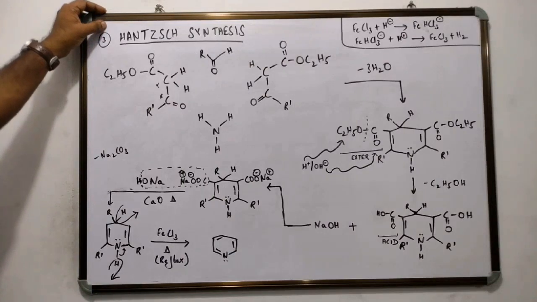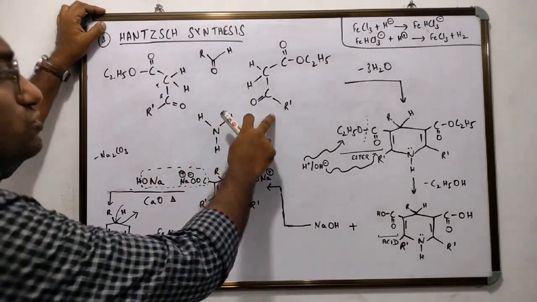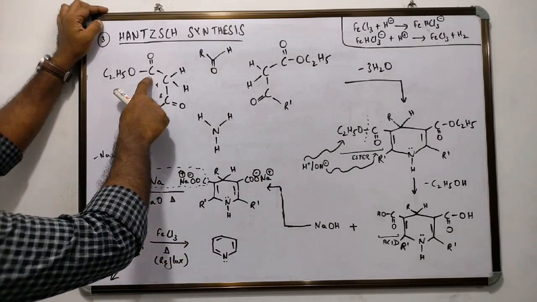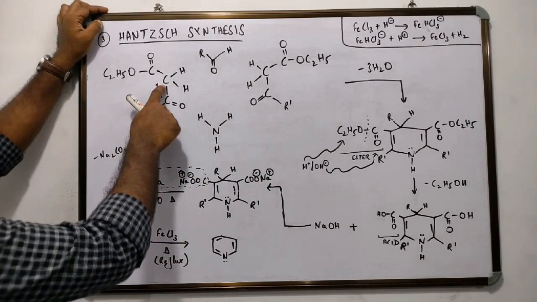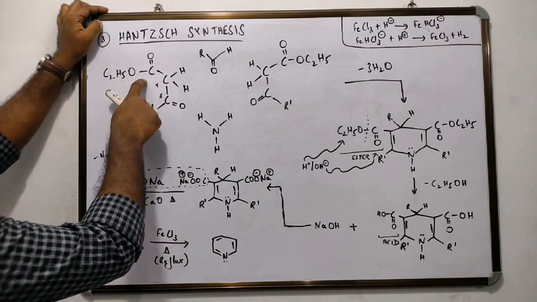Synthesis number 3, Hantzsch synthesis. Two molecules of beta keto ester. This is the ester, the alpha carbon, beta carbon, beta keto ester.